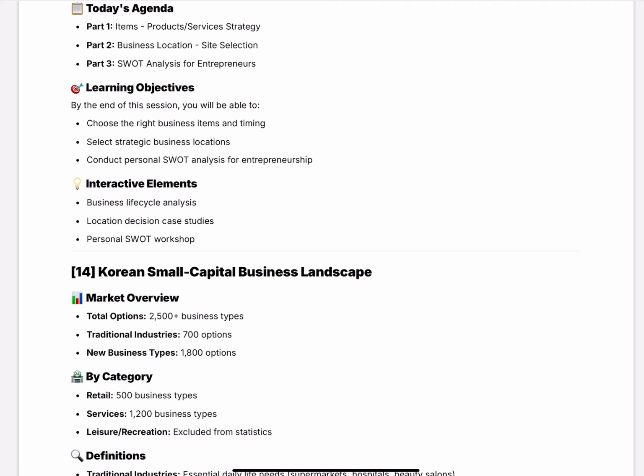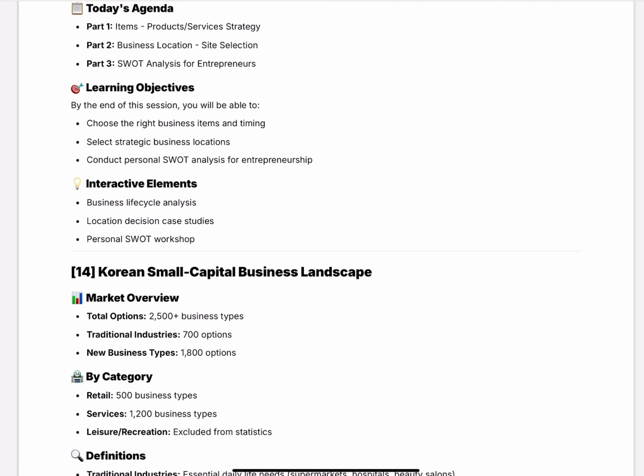So today we are looking for three parts. Part one is items, products, services, strategy. Part two, business location, which means the site selection. And the last part is SWOT analysis for entrepreneurs.